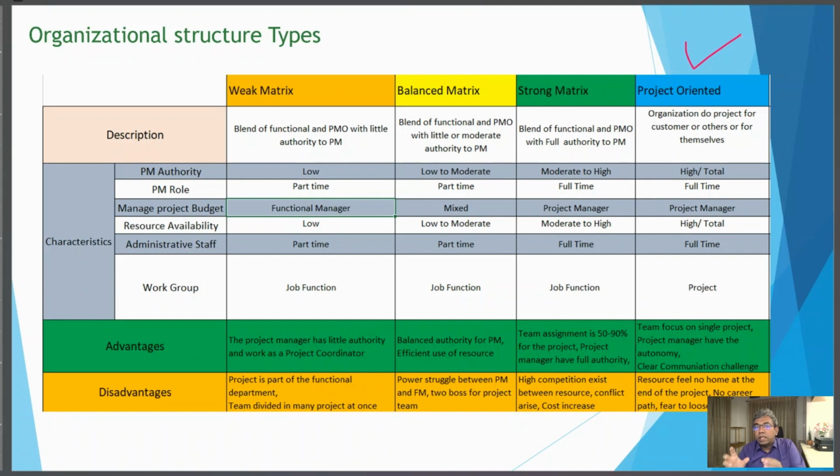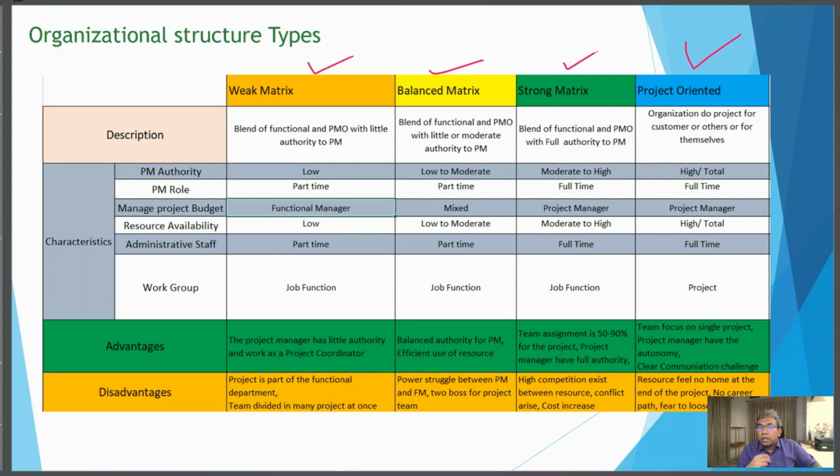In between there is a matrix organization, where you have an active functional team as well, and you also have a project team as well. This matrix organization is further subdivided into three parts: weak matrix, balanced matrix, and strong matrix. In a weak matrix, the functional manager still has the full authority.